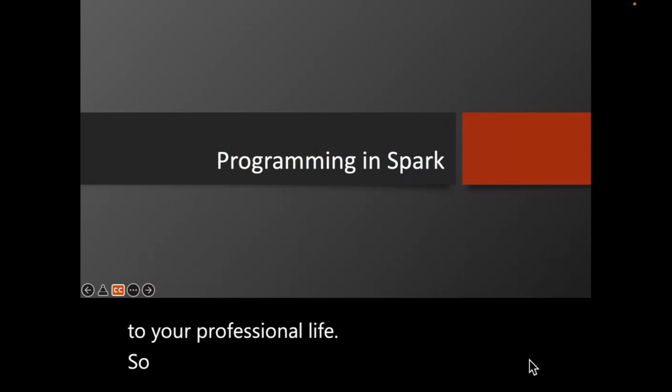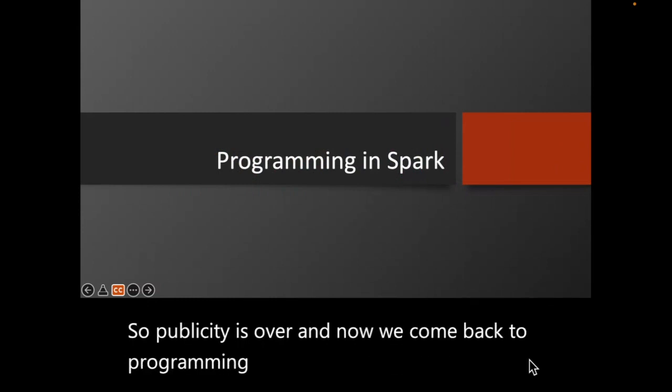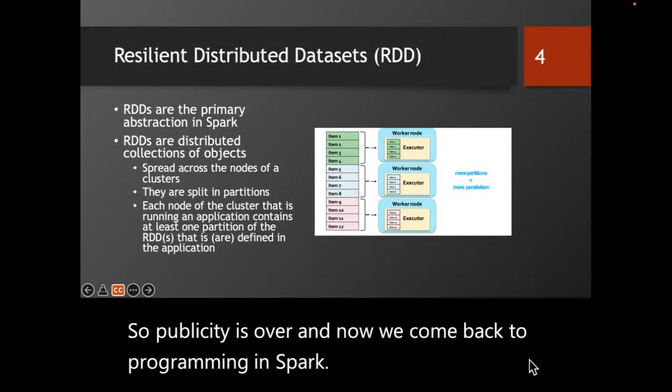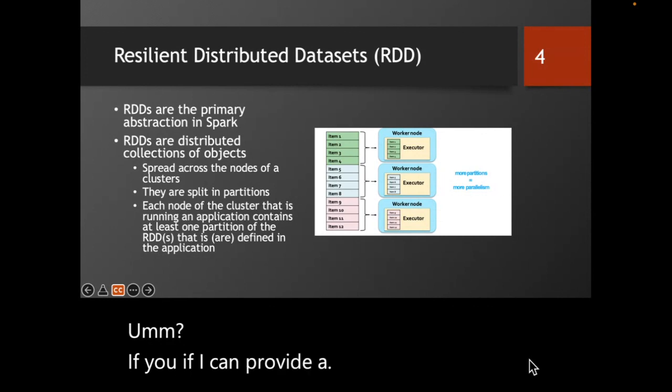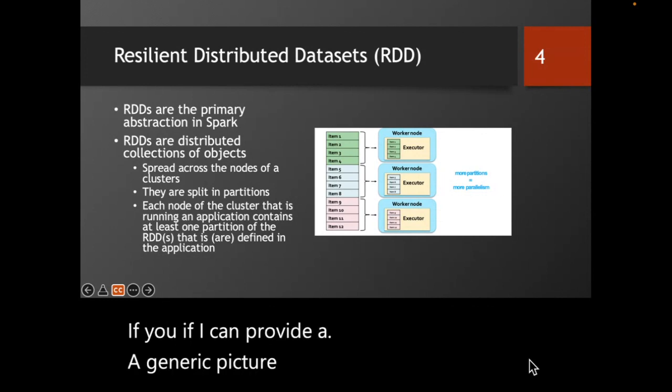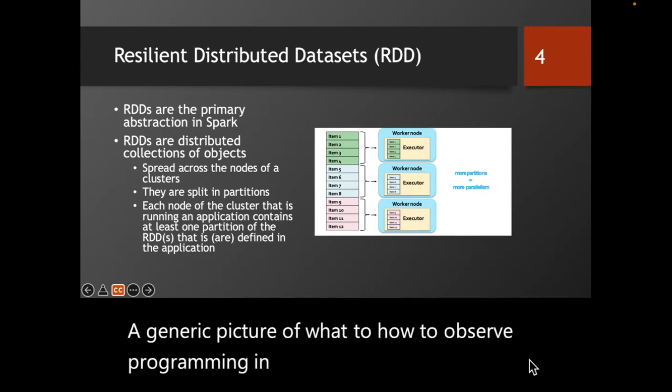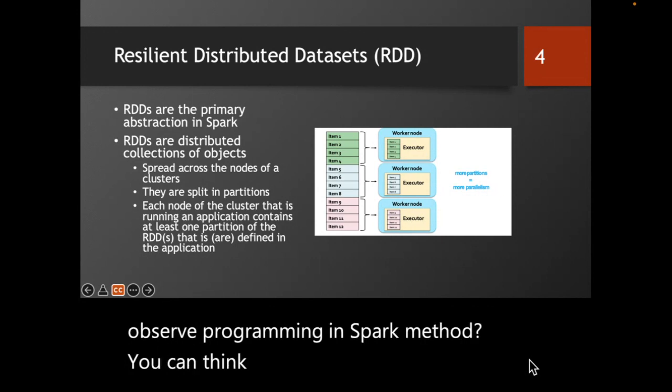Okay, so publicity is over, and now we come back to programming in Spark. If I can provide a generic picture of how to observe the programming in Spark method, you can think about a toolkit.